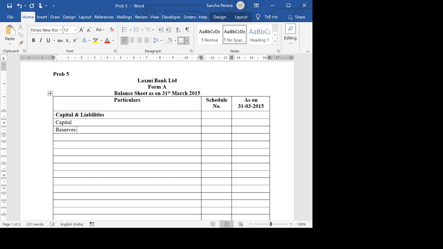Then we have reserves, because here you have to write whether it's there or not, you have to write it in the format. If it's not there, you show it as nil. Reserves and surplus. Then we have deposits, borrowings, other liabilities and provisions. Give the numbers here, schedule 1, 2, 3, 4, 5. And then we will have a total.